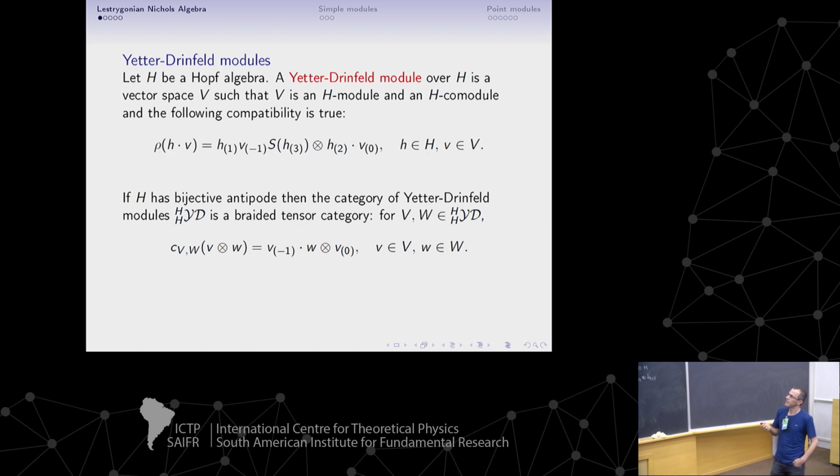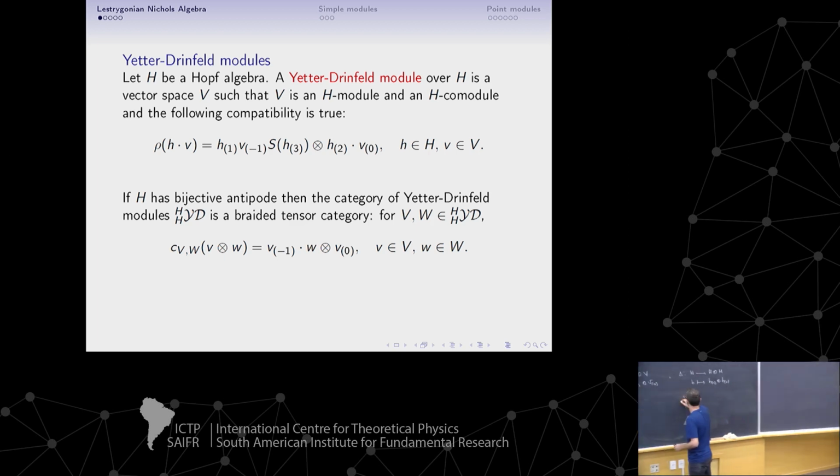Note that here V_{-1} are elements from H, and V_0 are elements from V. So this is a map.